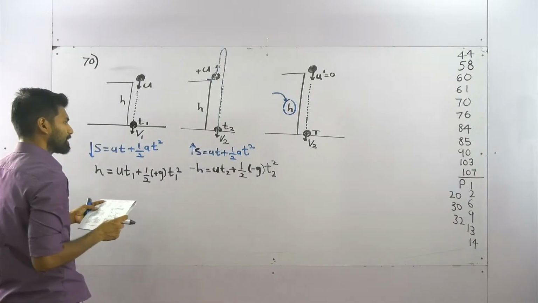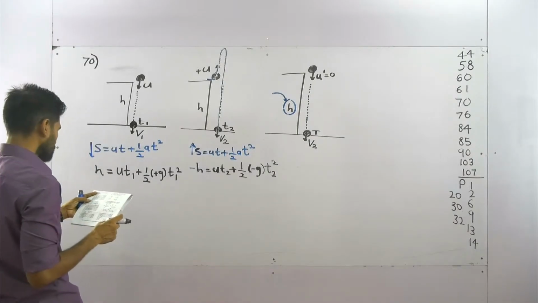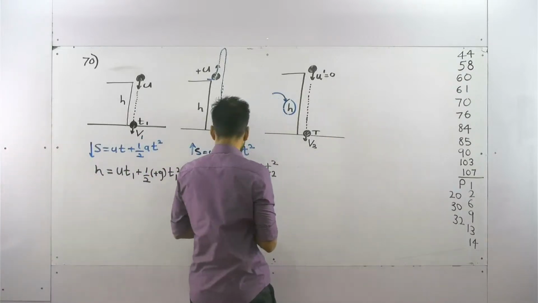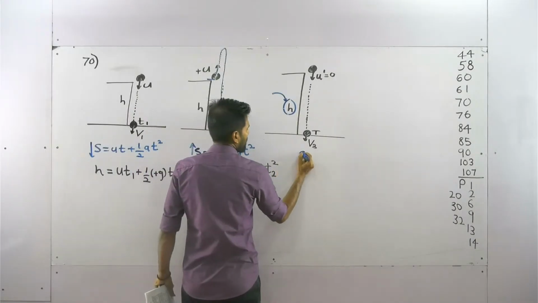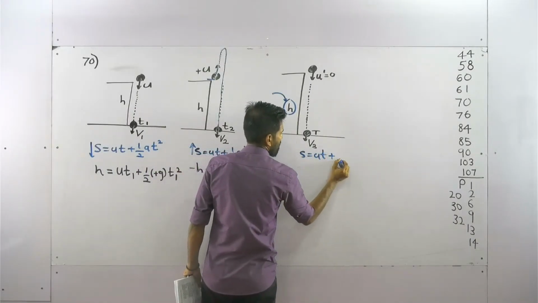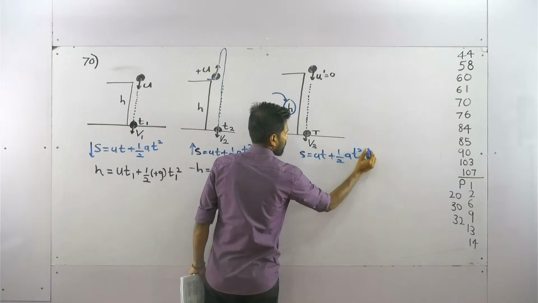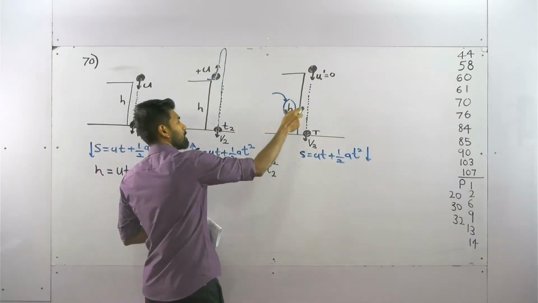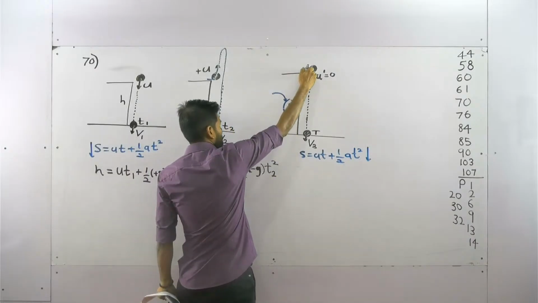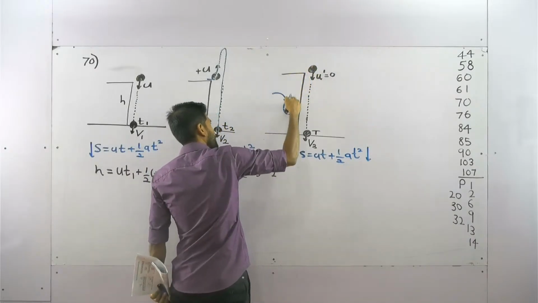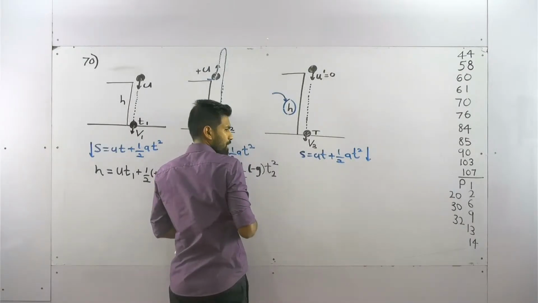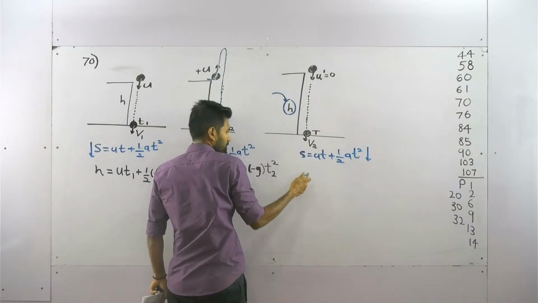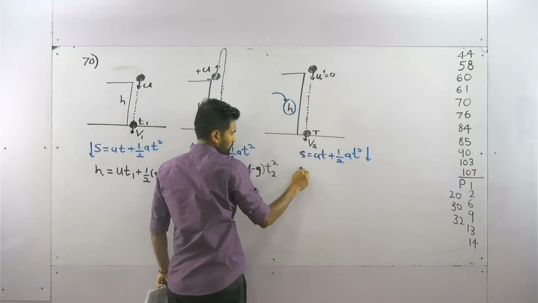Okay. Then here if I apply s equals ut plus half at square downwards to this situation, what will happen? The object has to come a displacement h in the downward direction. So the displacement it has to travel downwards is h.